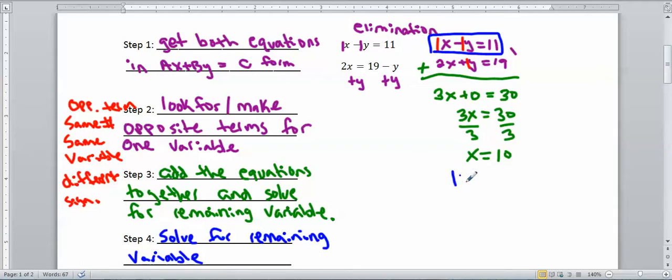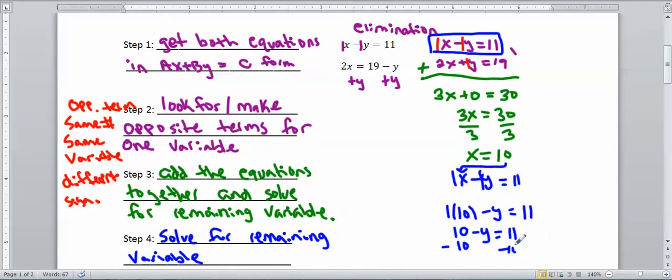So I'm going to take 1x minus y equals 11. I'm going to plug in the 10. So I'm going to put the 10 back in. So I get 1 times 10 minus y is equal to 11. Okay, well 1 times 10 is 10. I'm going to subtract the 10 from both sides.